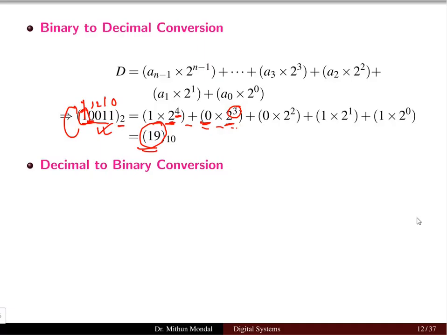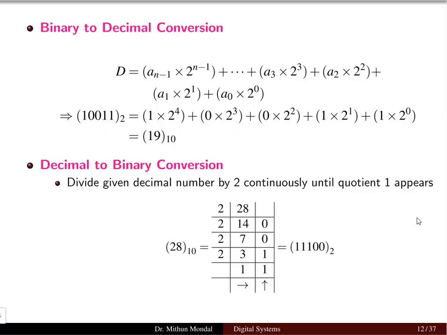Similarly, just as we convert binary to decimal, we can convert decimal to binary, and this is done by the division rule. Divide the decimal number by 2 continuously until the quotient 1 appears. For example, if you have 28 as the decimal number, we divide 28 by 2 and find the remainders.